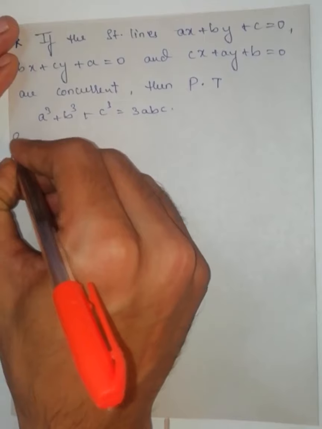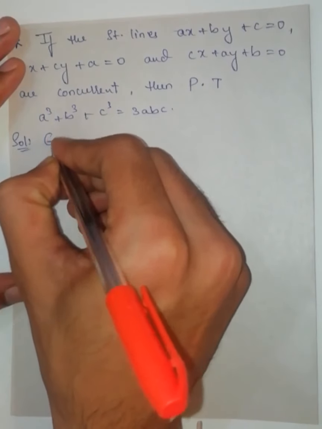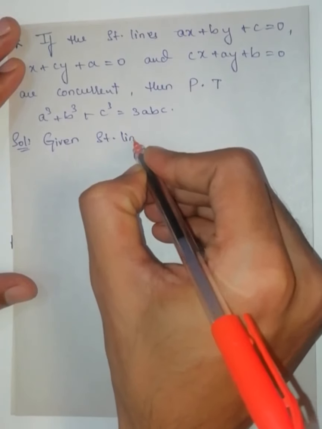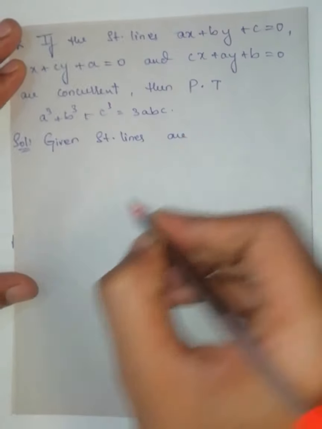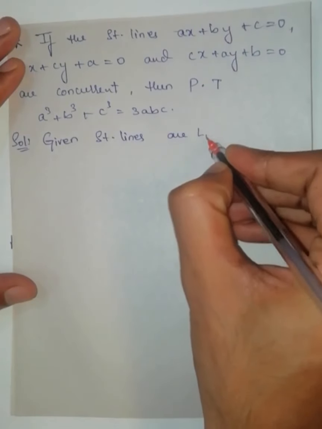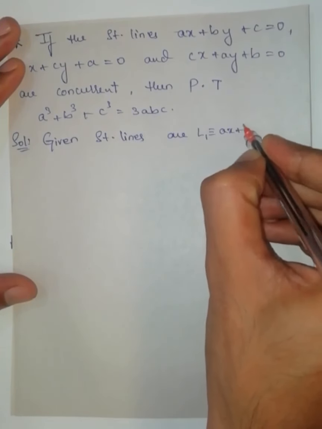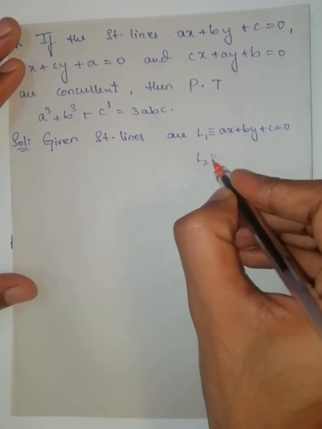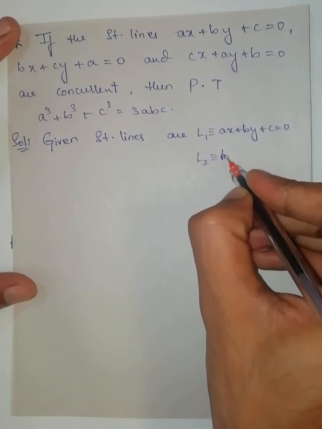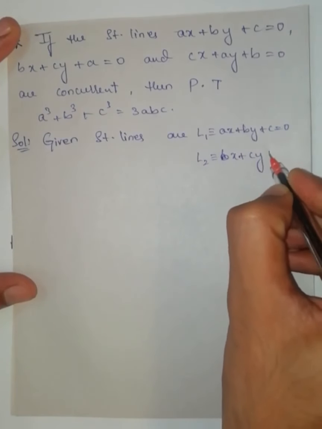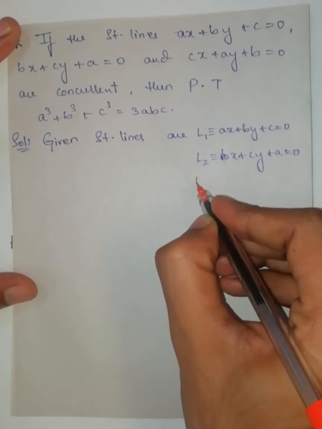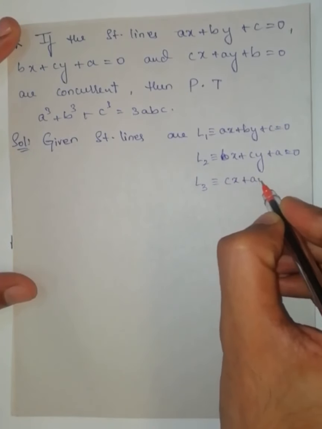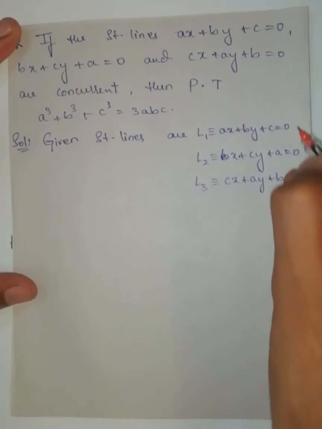Solution. Given straight lines are L1: ax plus by plus c is equal to 0, L2 is bx plus cy plus a is equal to 0, L3 is cx plus ay plus b is equal to 0.